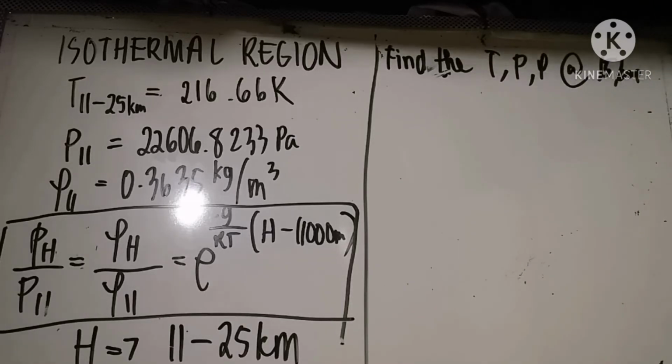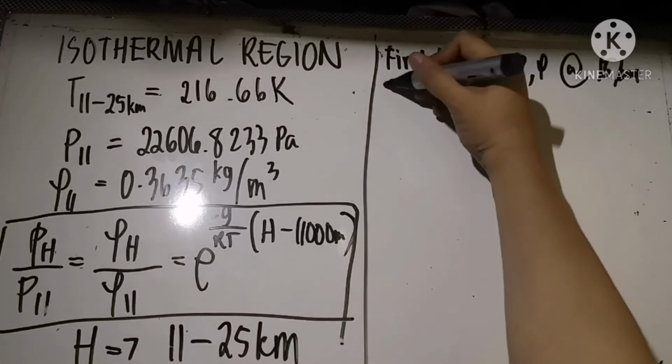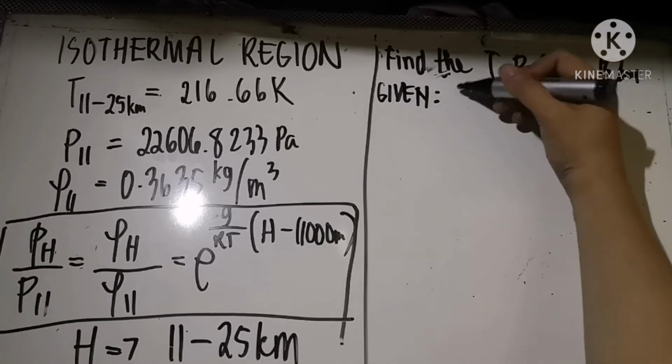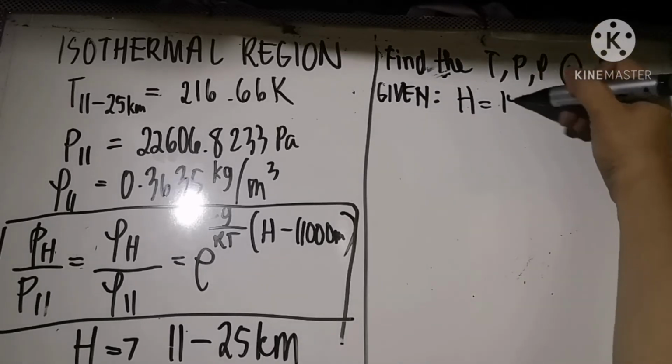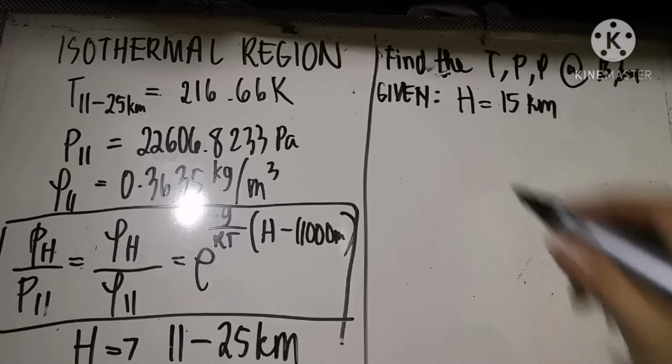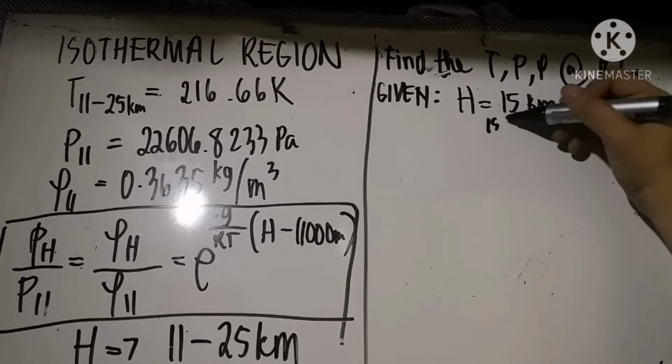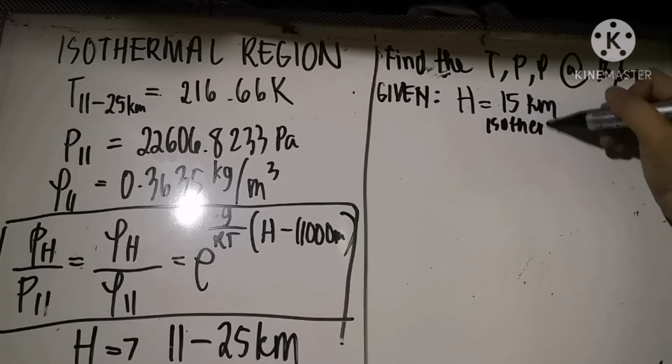Okay, first analyze the problem. 15 kilometers ay nasaan na? Region or isothermal region? So, isothermal region na siya. Nakuha natin na ang height niya is 15 kilometers, which is in isothermal region. Therefore, meron ka ng temperature.